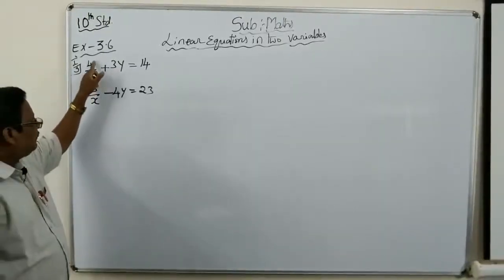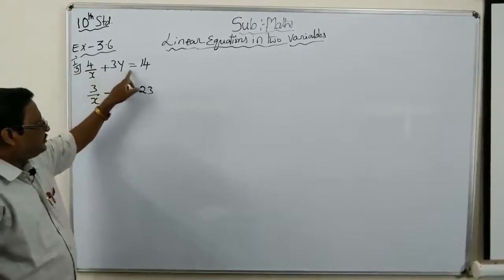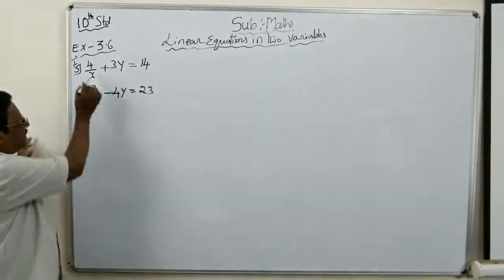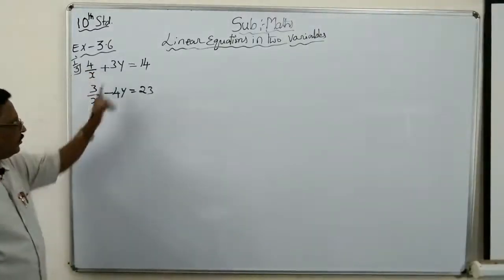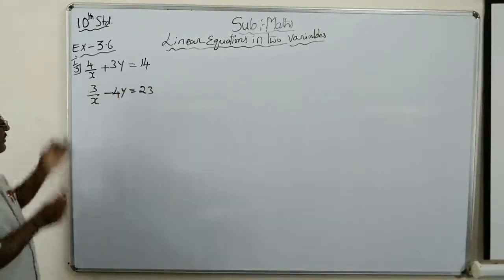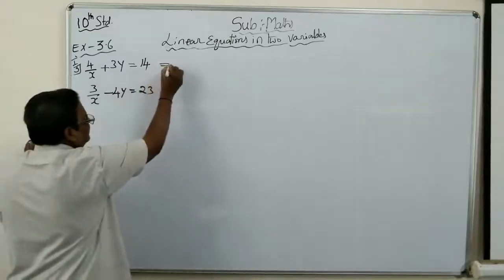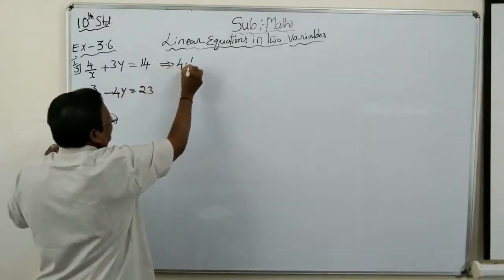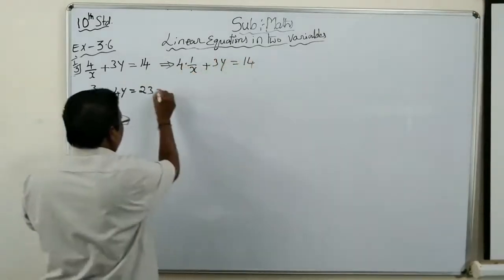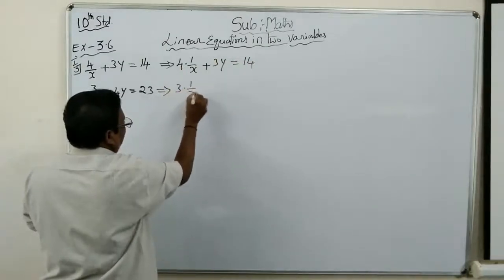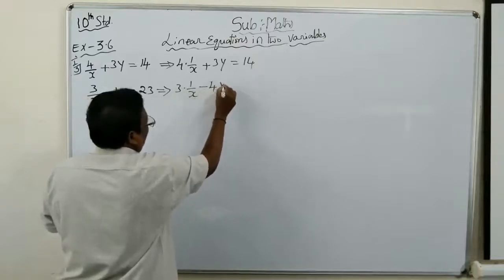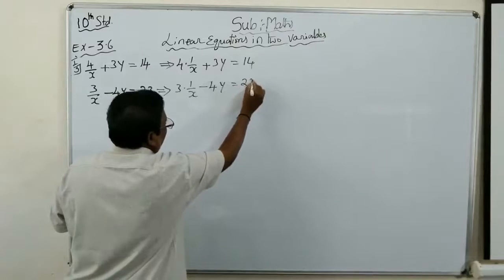In the third one, 4 by x plus 3y is equal to 14, and 3 by x minus 4y is equal to 23. Here only the x term is in the form of a fraction; the y term is not in the form of a fraction. This can be written as 4 into 1 by x plus 3y is equal to 14, and 3 into 1 by x minus 4y is equal to 23.